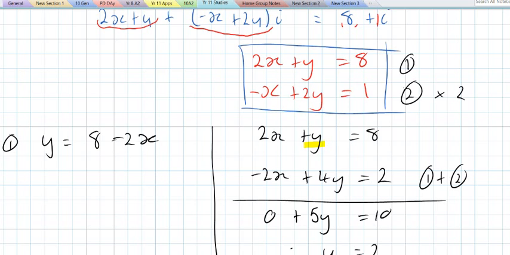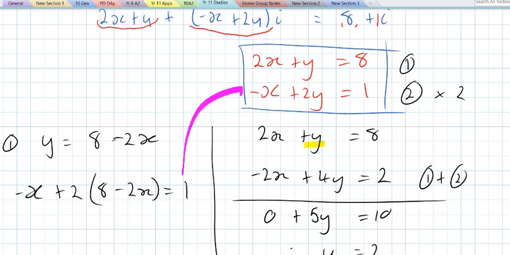So it becomes minus x plus 2 lots of y equals 1. Then we solve for x. Or the other way, which given the layout of the equation we had at the start I would go for, is the calculator.